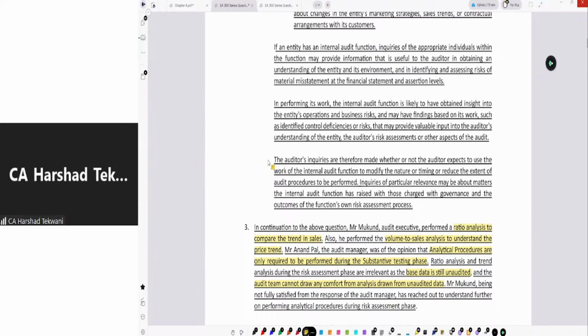I want everyone to try for the answer. Think whether it is appropriate to perform analytical procedures during the risk assessment phase.